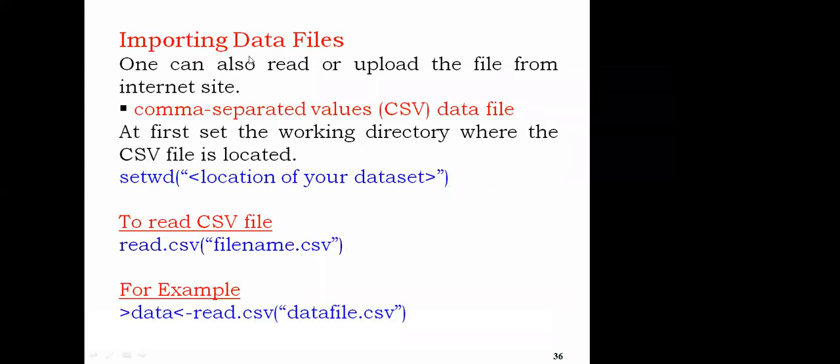Now, importing data files, how can we import them? One can also read or upload a data file from an internet site. For a comma separated values data file, at first set the working directory where the CSV file is located. That means wherever your CSV file is on your desktop or laptop, you set the working directory like this.